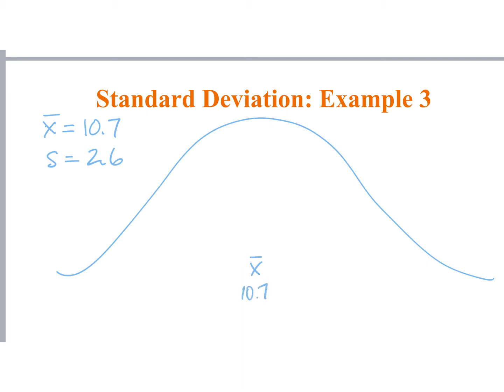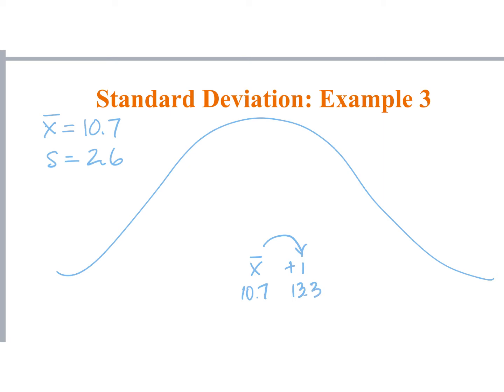Now if we want to get to 1 standard deviation above the mean, which would be here, we're going to take 10.7 and add the standard deviation of 2.6. So that will get us to 13.3.